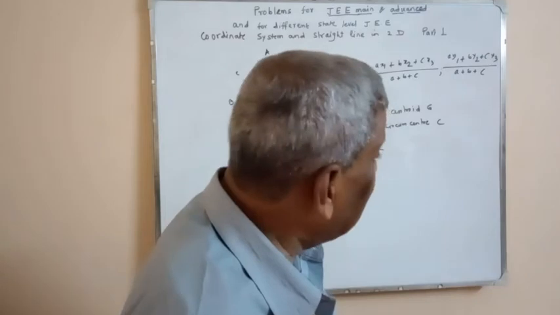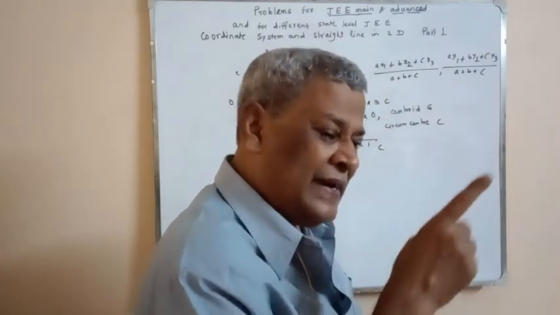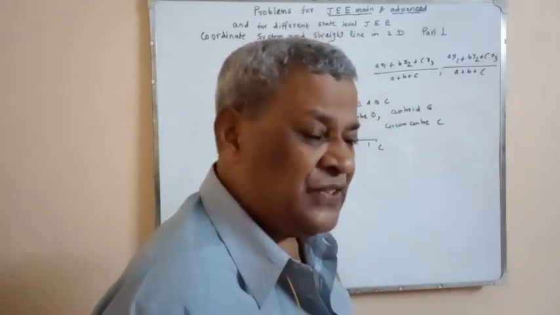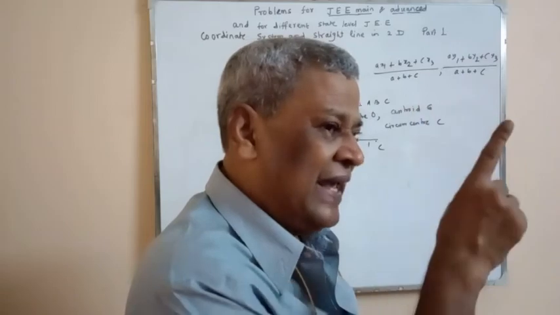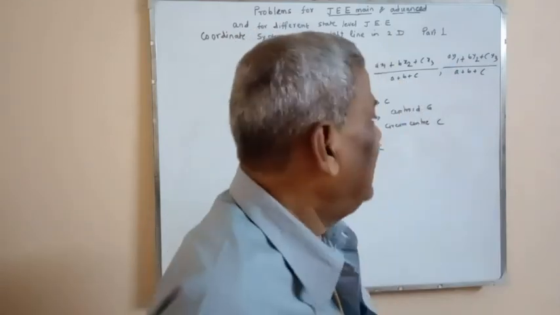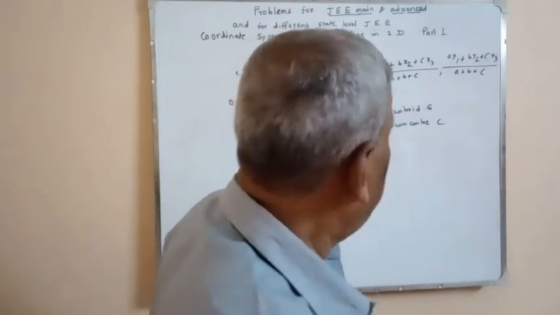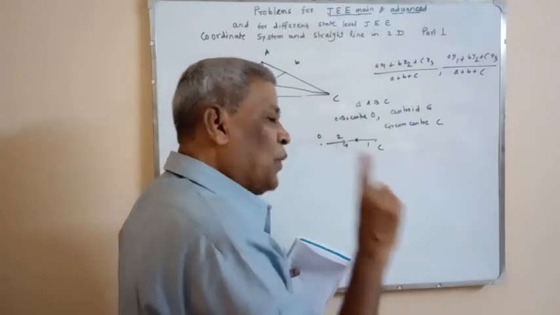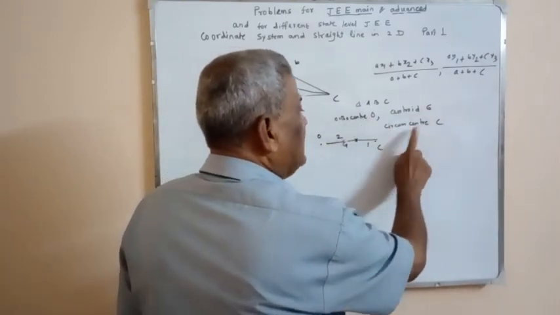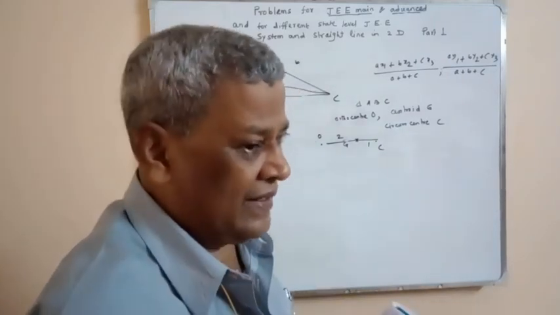Circumcenter: for a triangle ABC, a circle is drawn passing through the vertices A, B, and C, and its center is called the circumcenter of the triangle ABC. So the very important point is that the orthocenter, centroid, and circumcenter always are collinear.